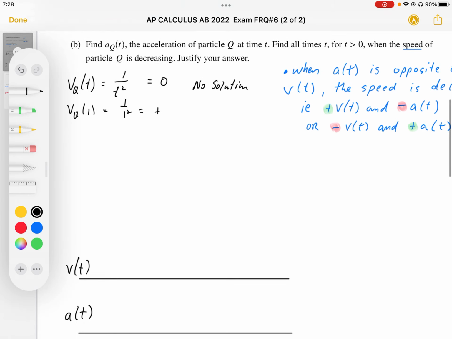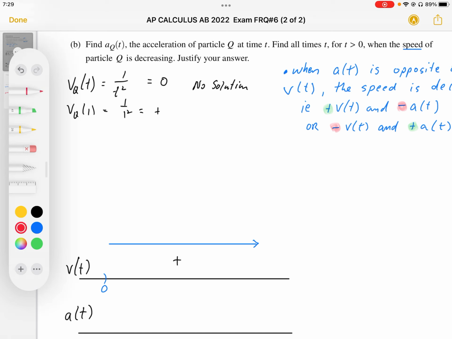So we know that for the whole time, it's moving to the right. Okay, we know the velocity is moving to the right. So I'm just going to put that in my chart here. I know for all real numbers, for t greater than 0, it's moving to the right.